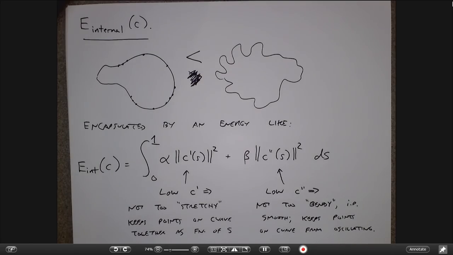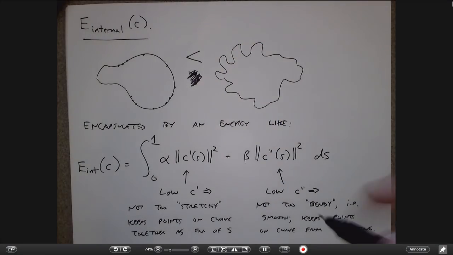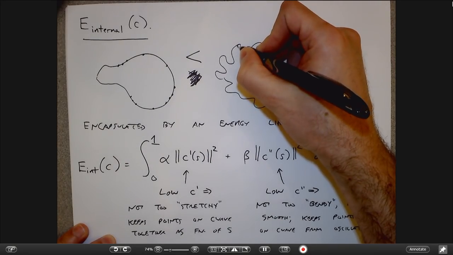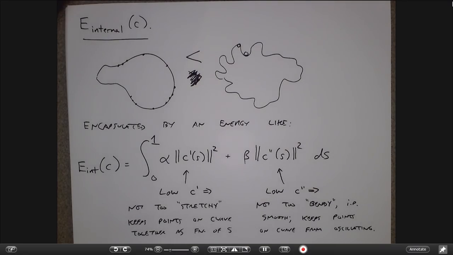Meaning at every point instantaneously, I can think about the curvature. It's a concept you probably have not come across in calculus, but if you took a differential geometry course, you know about curvature. Basically, the idea is: what is the radius of the circle that sits adjacent to the curve, right? That could be negative or positive, depending on whether I'm inside or outside the curve.